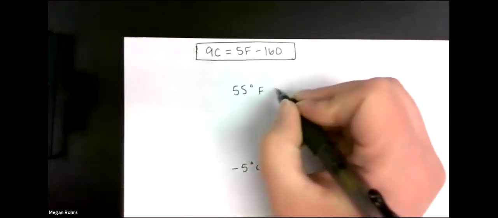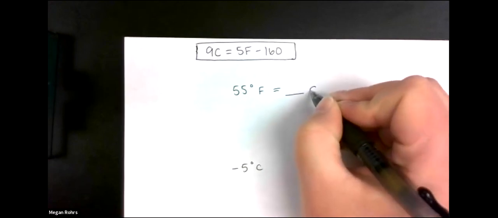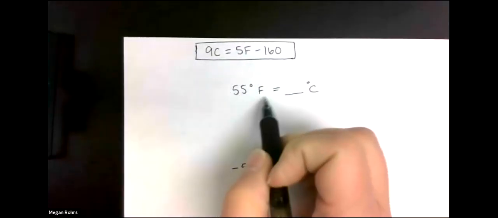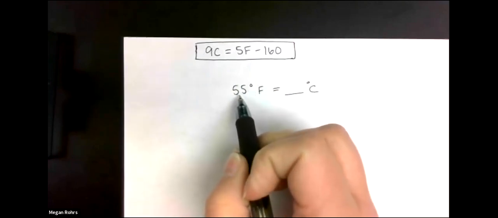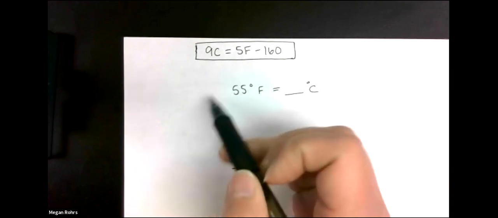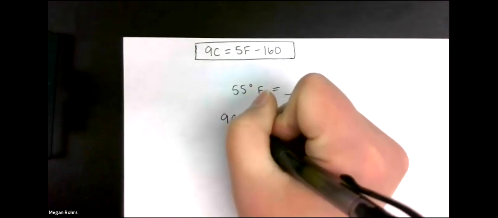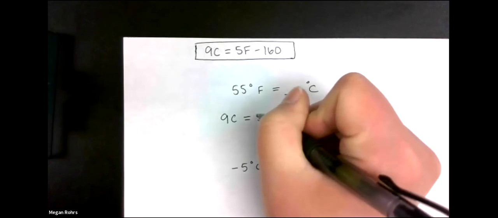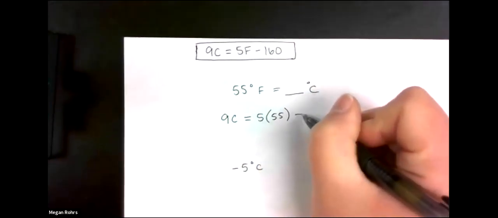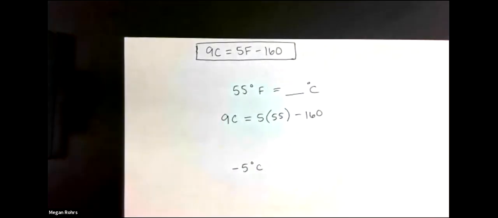We want to convert that into Celsius. Okay, so we have a Fahrenheit temperature. All we need to do is plug that in where we see F in our equation. So our equation is now 9C equals 5 times 55 minus 160.